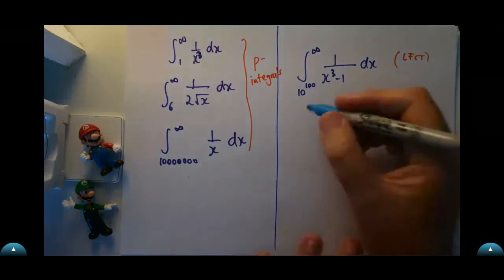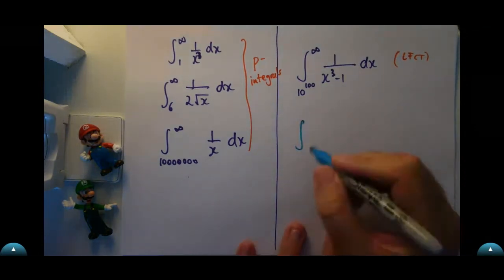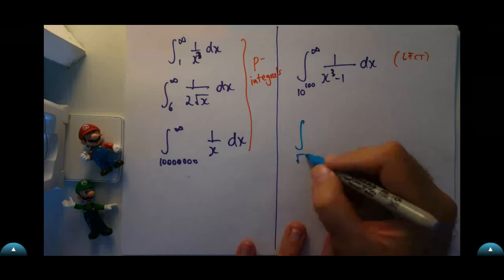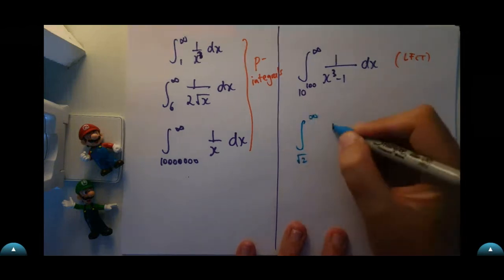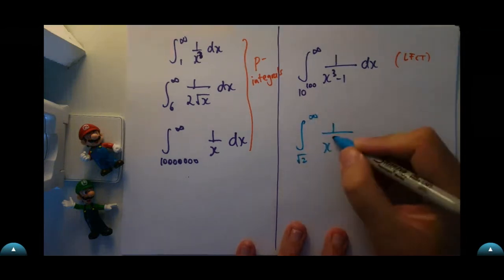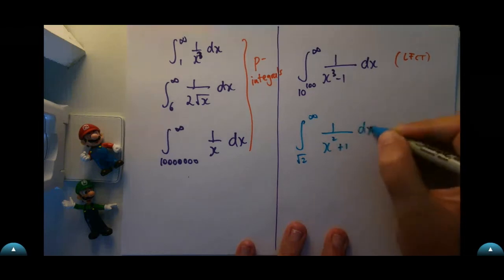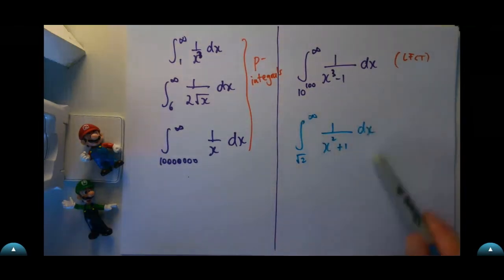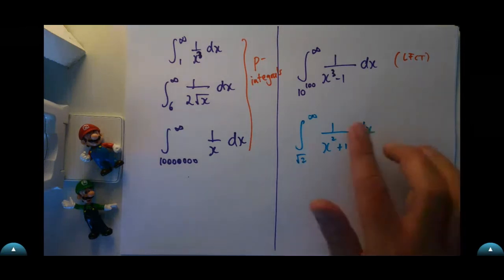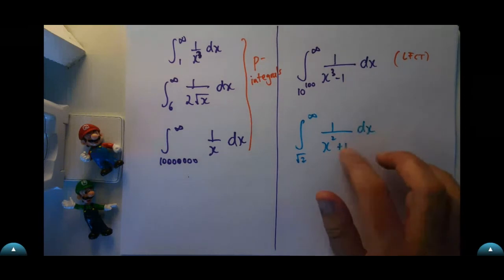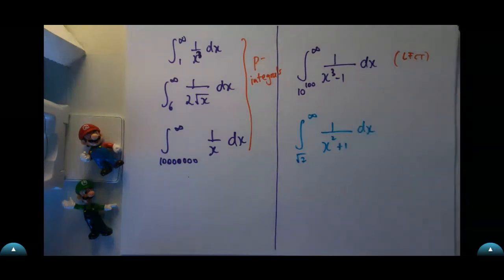What about this one? Do you think it converges or diverges? Okay, Steve says converge. So do a few other people. And what test might you use to show that it actually converges?